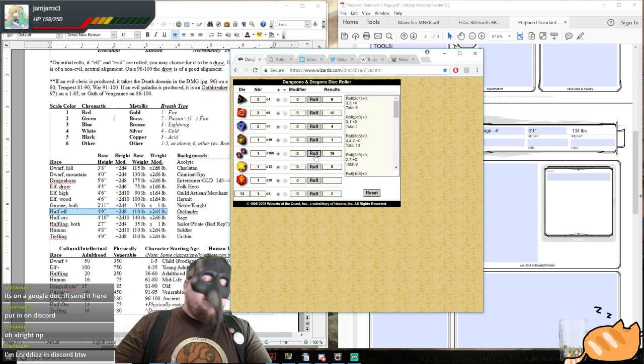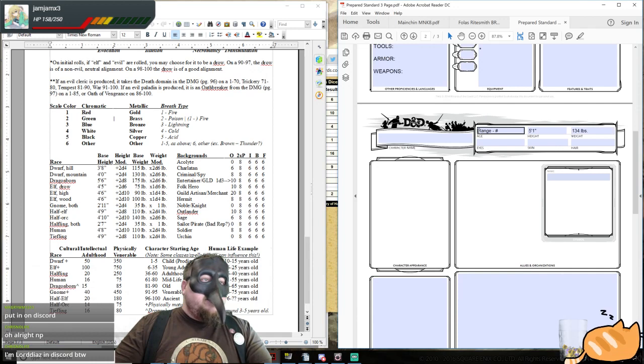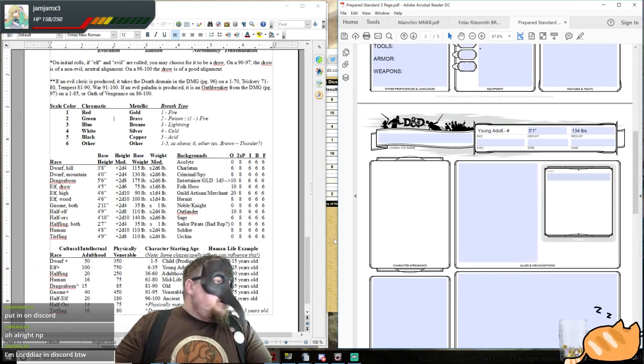Lastly, we're going to roll a percentile to see where in this person's life cycle they're at currently. 16, so not quite child prodigy, but definitely in young adulthood. Half-elves begin young adulthood around 20.